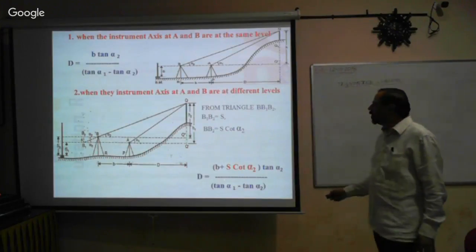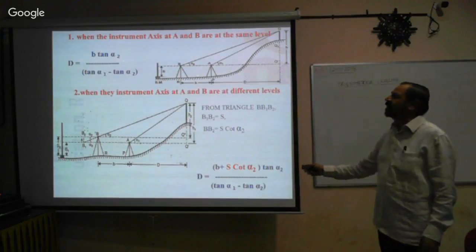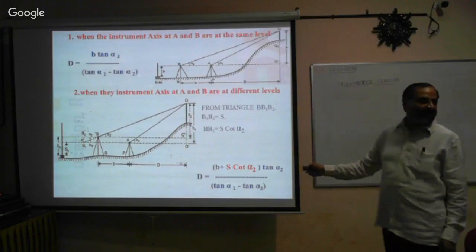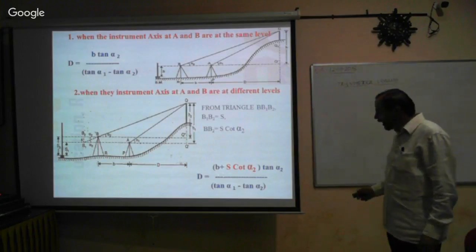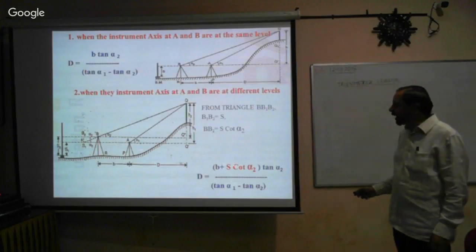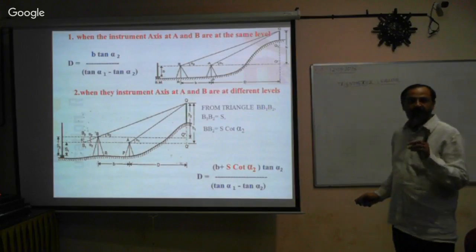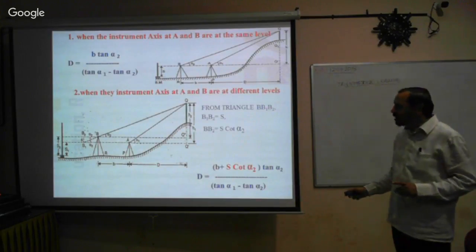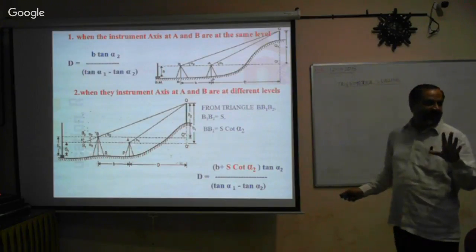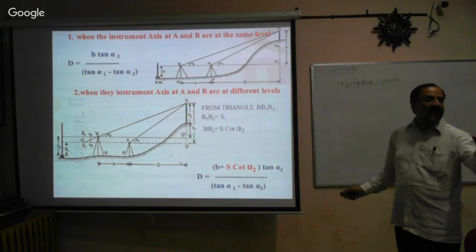Now see, in the first case when both the instrument axes are at the same level, it is simply B tan alpha 2, that is tan alpha 1 minus tan alpha 2, the same formula. Now here B is increased by S cot alpha 2. You must remember carefully and note down that you always consider the first instrument station as the reference, and the second instrument station is the second instrument station.